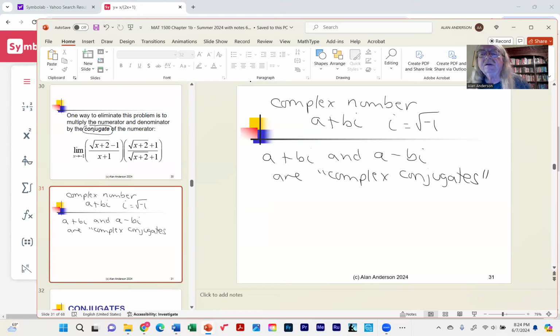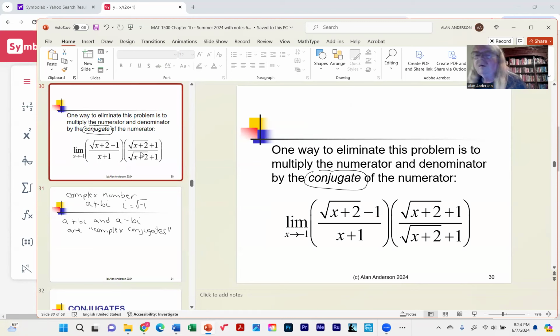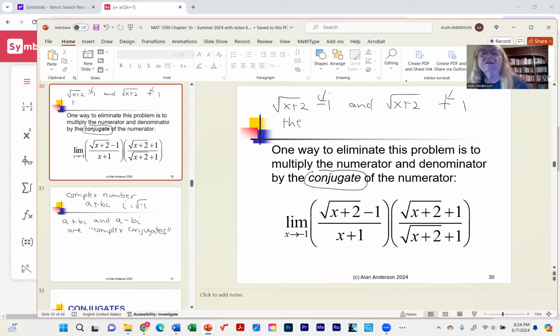Now here we're not dealing with complex numbers, but the concept is the same, because if you notice, what we have here is radical x plus 2 minus 1 and radical x plus 2 plus 1. Because only the sign is different here, these are said to be conjugates of each other. Not complex conjugates, of course, but conjugates.